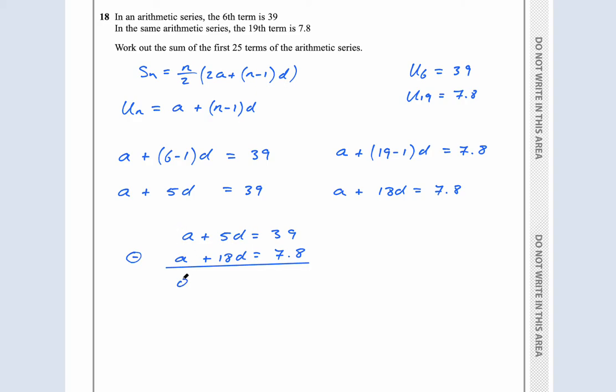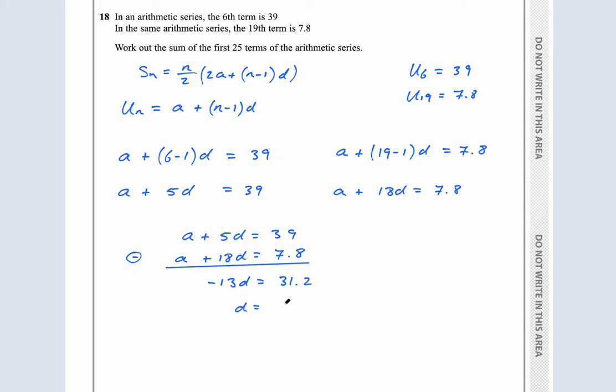0, if you like, but I just don't put anything. I'm now going to subtract these. 5 minus 18 is negative 13. So negative 13d equals 39 minus 7.8, which is 31.2. I can do that in my head, but obviously use your calculator.